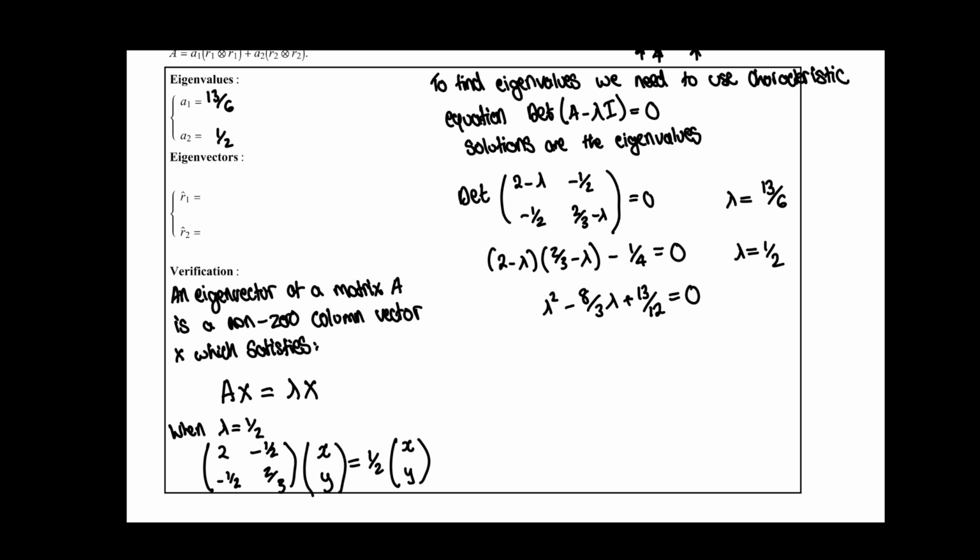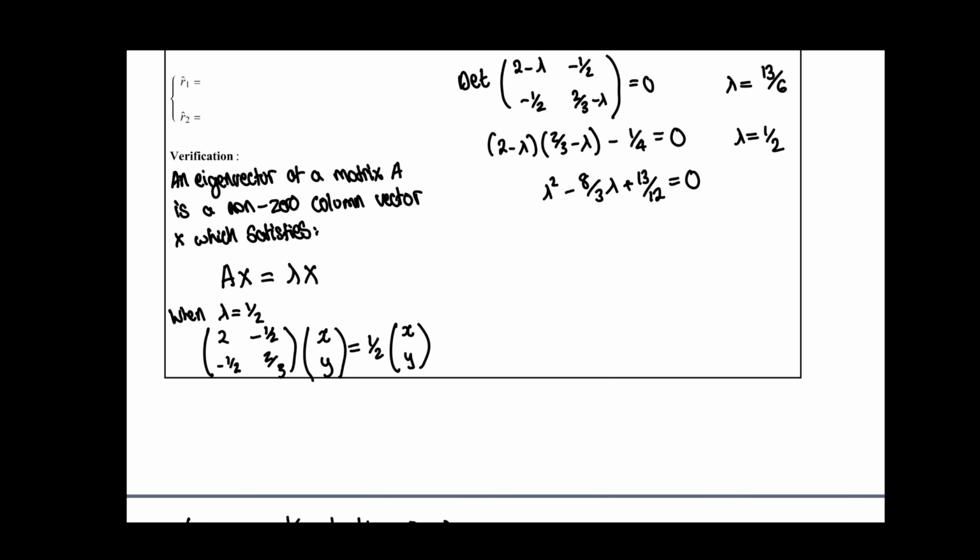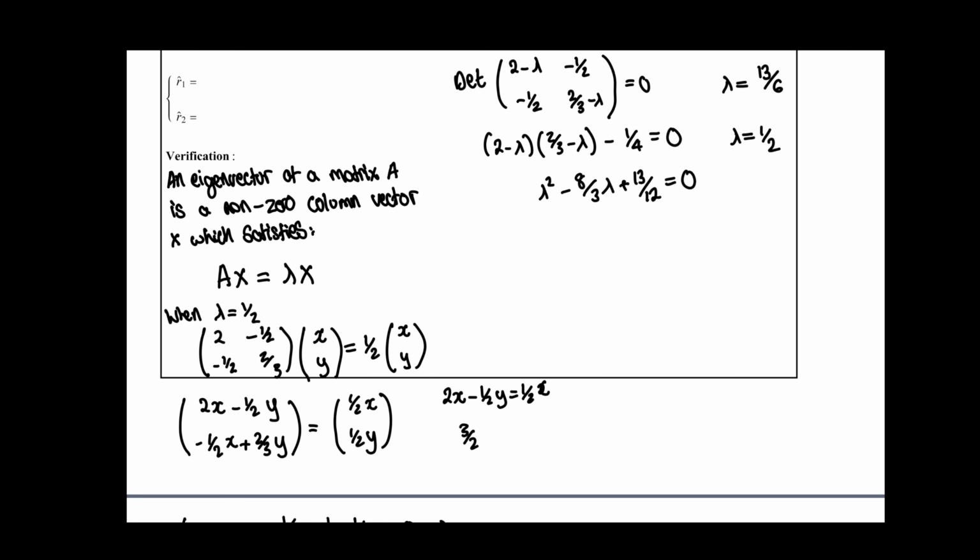If we now expand this out, or multiply these two matrices, we get 2x minus a half y, minus a half x plus 2 over 3 y, is equal to a half x and a half y. If we now equate the upper elements, we get 2x minus a half y is equal to a half x, which gives us 3 over 2 x is equal to a half y, so 3x is equal to y.